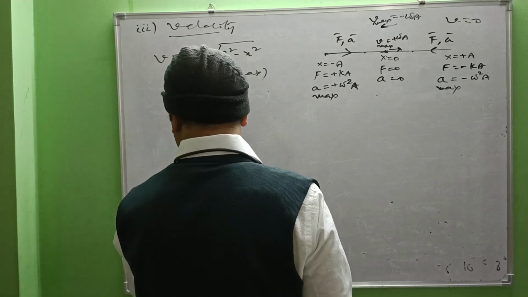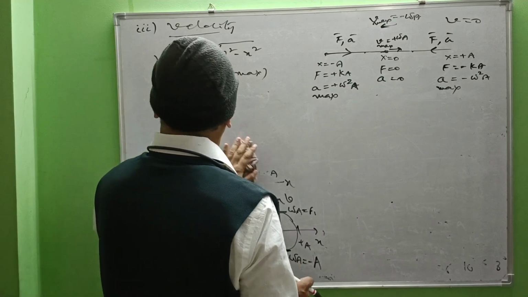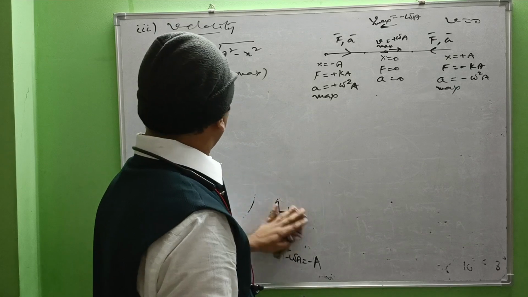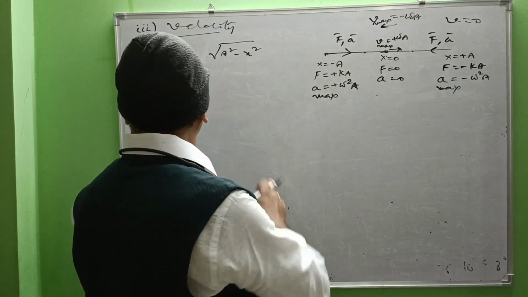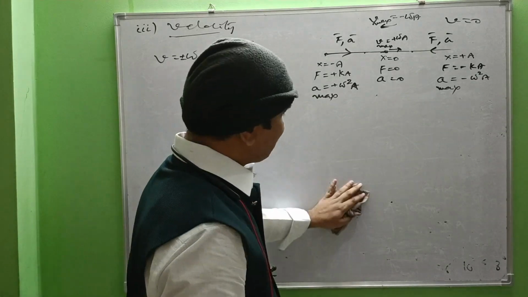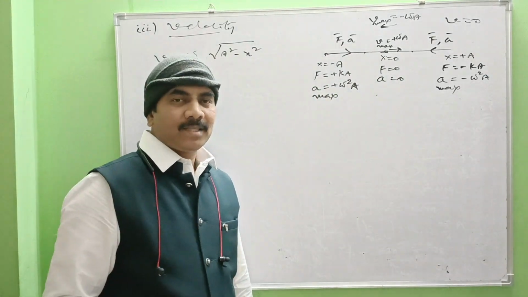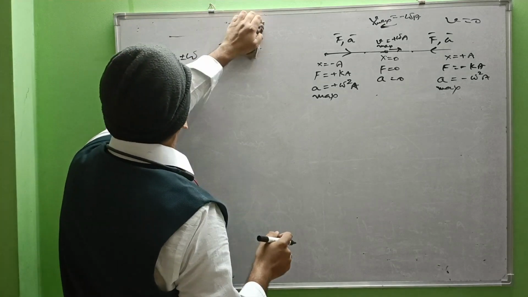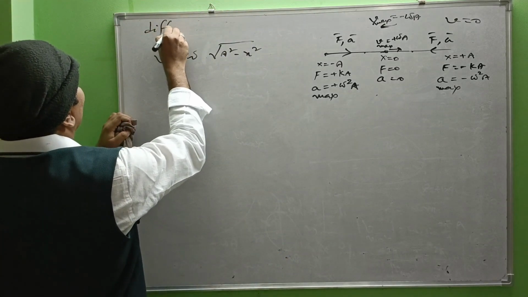Now let us consider the variation of velocity with position. V equal to plus or minus omega into root over a square minus x square. So we have to consider this expression. Making use of that expression, one can find the mathematical expression of simple harmonic motion.